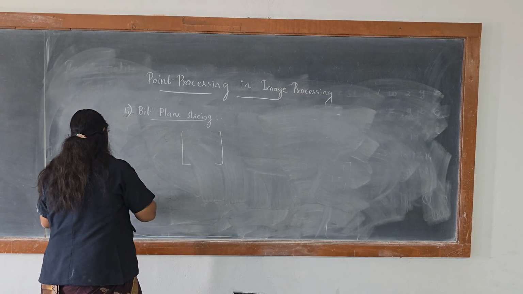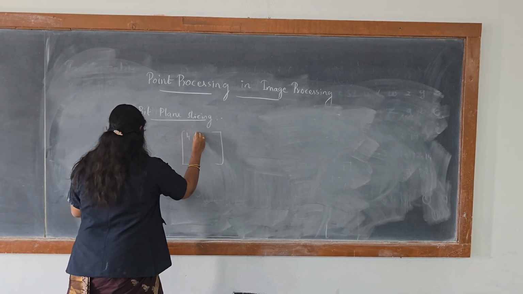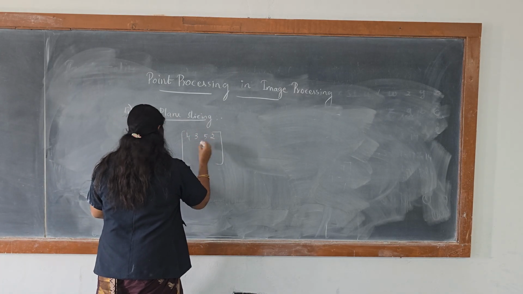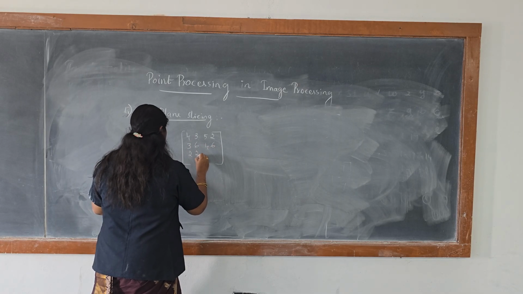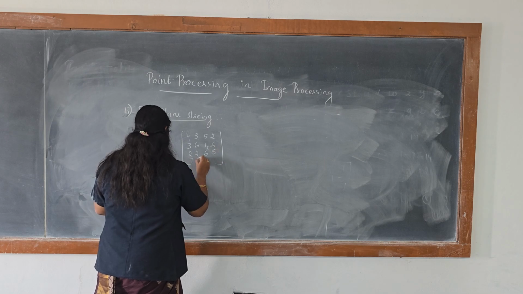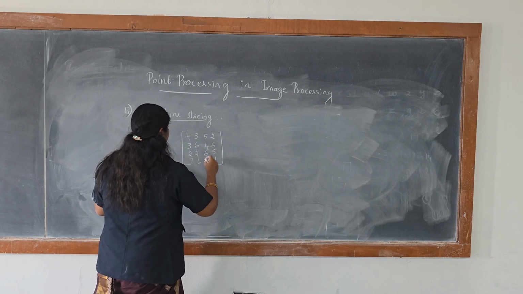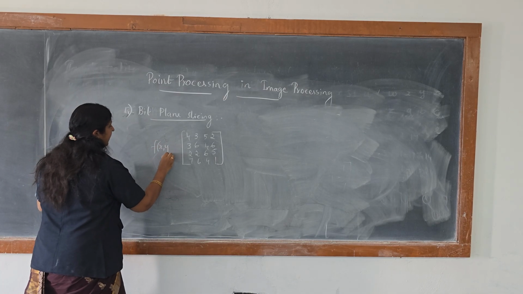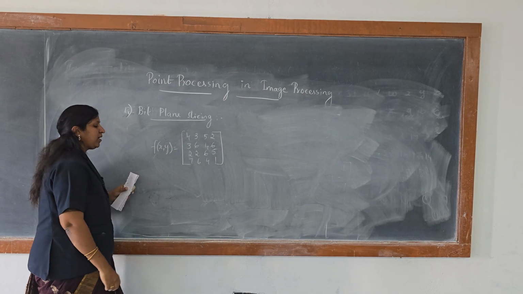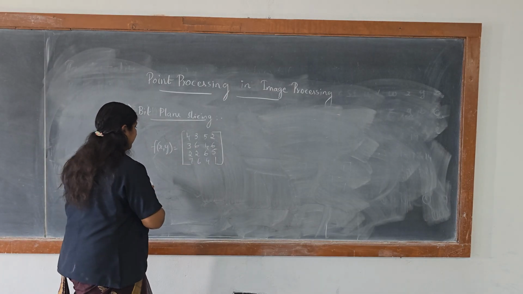Take the same example: 4, 3, 5, 2, 3, 6, 4, 6, 2, 2, 6, 5, 7, 6, 4, 1. For your understanding, I am writing the same example again and again. F of x comma y is the input matrix.